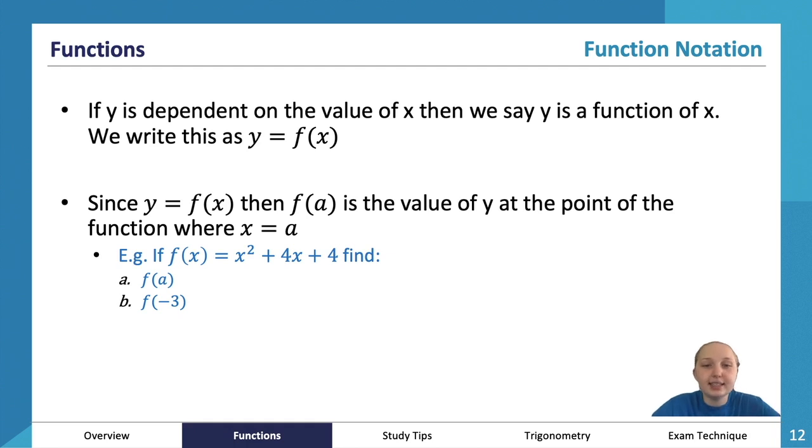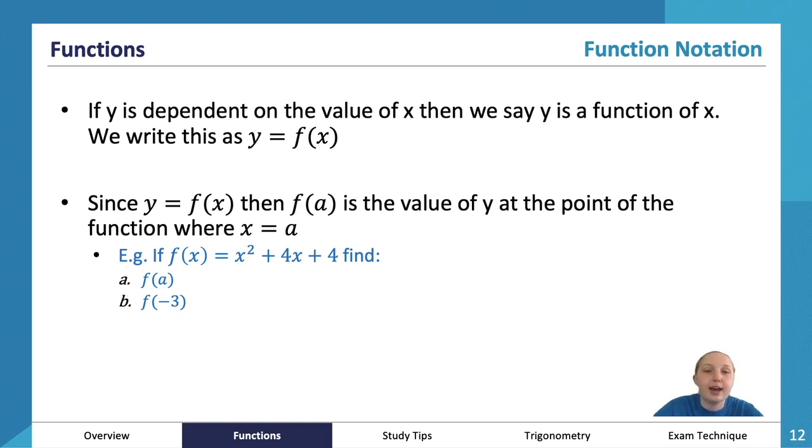So this is a little bit tricky to think about. When we say we have f of x, just this bit here, this means x is the numerical value or algebraic value that we are substituting into the function. Okay, so if we've got a function and it's x squared, and we substitute x into that function, we are going to end up with x squared, right?